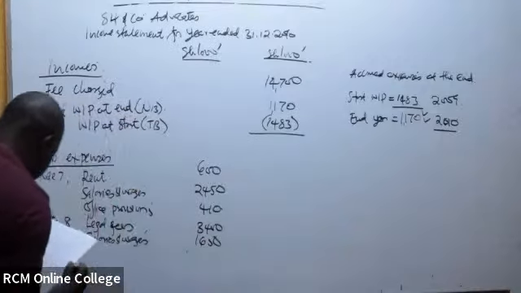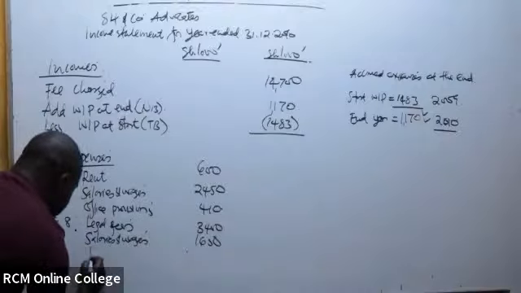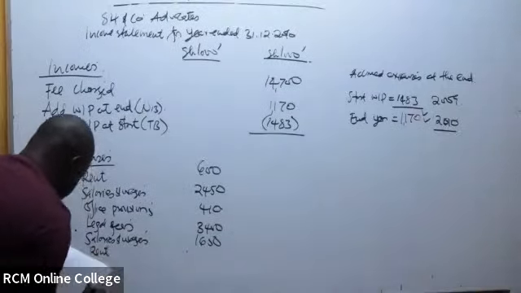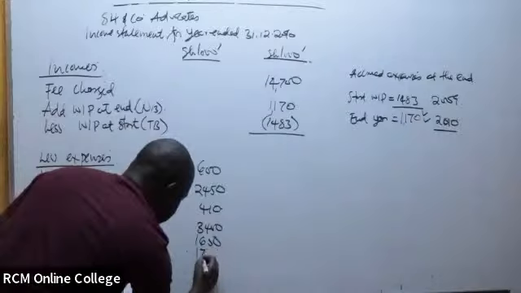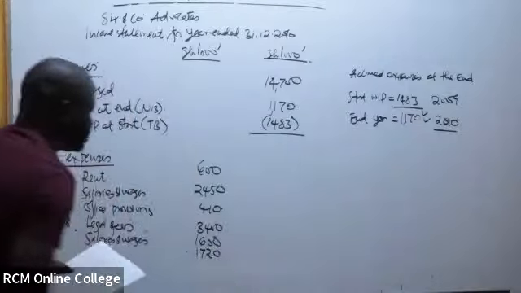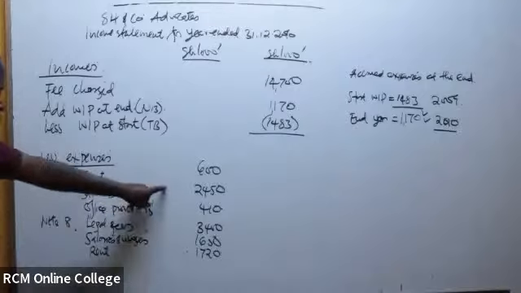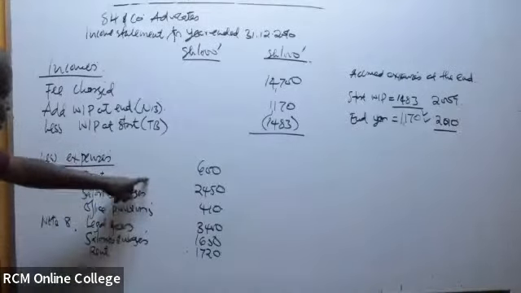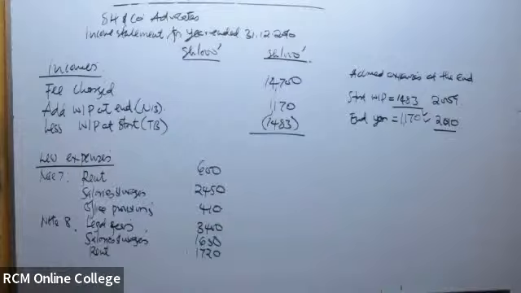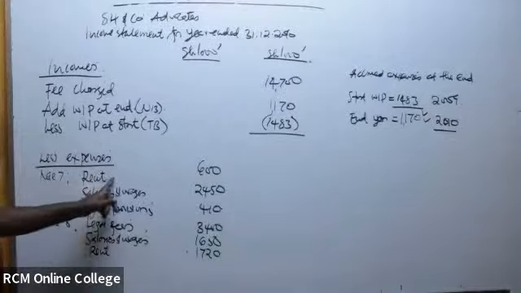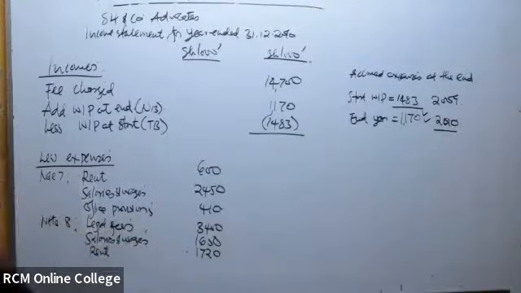Then we have rent of 1,720. Alternatively, you can take this figure and add it on this one, but I have just separated them. So we would have said rent plus accruals, which are these figures.